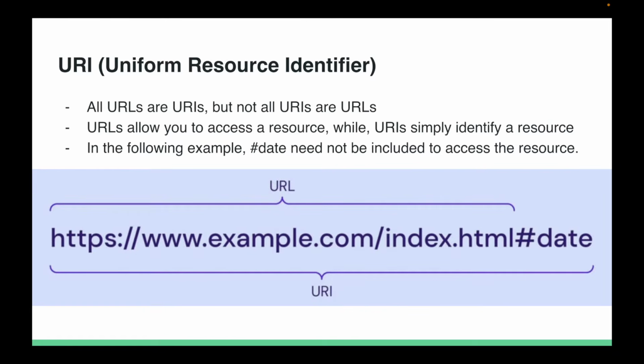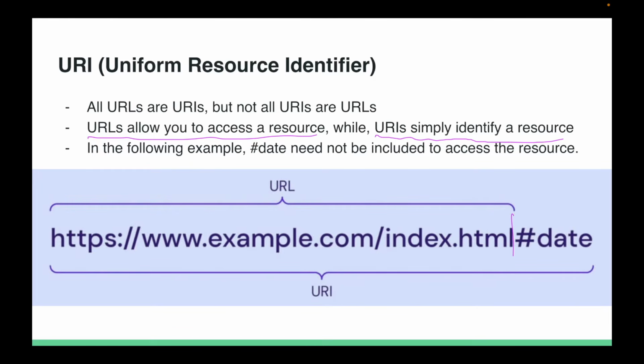Now, you might run into something also called a URI, or Uniform Resource Identifier. All URLs are URIs, but not all URIs are URLs. URLs are meant to allow you to access a resource, so that you can type a URL into your browser and then see that. URIs simply identify the location of a resource. So for example, right here, we have a URI.